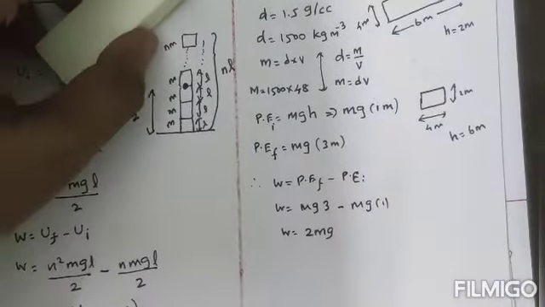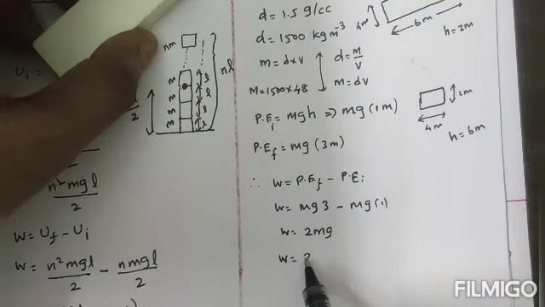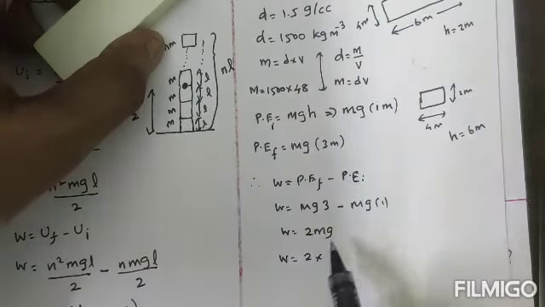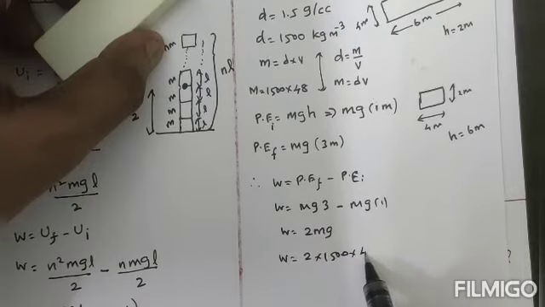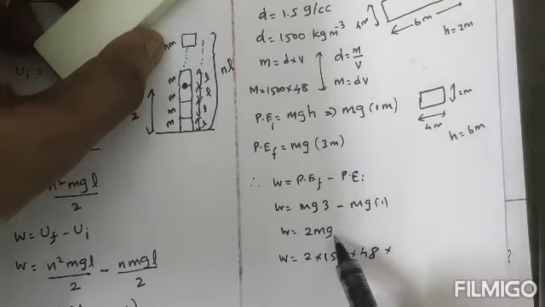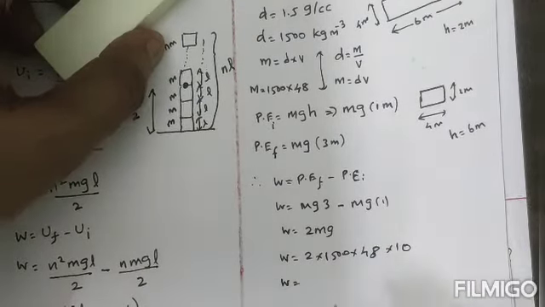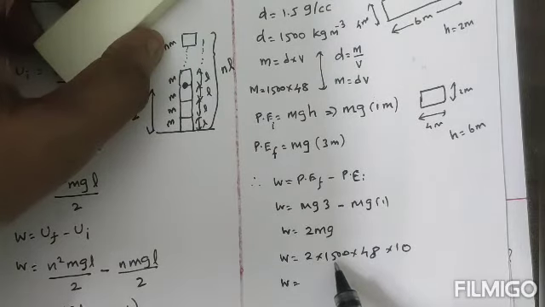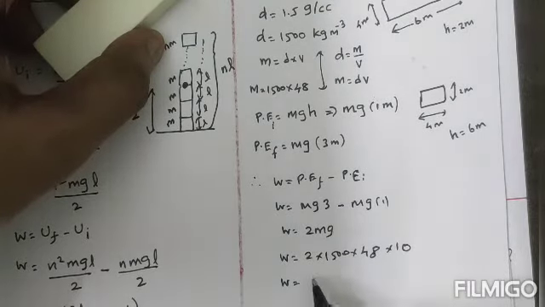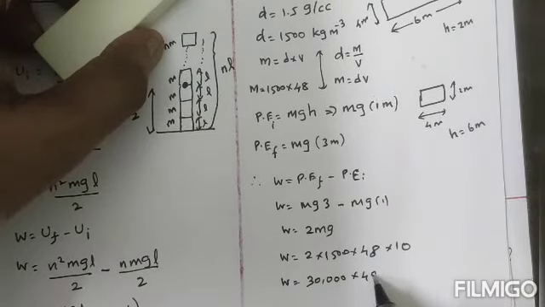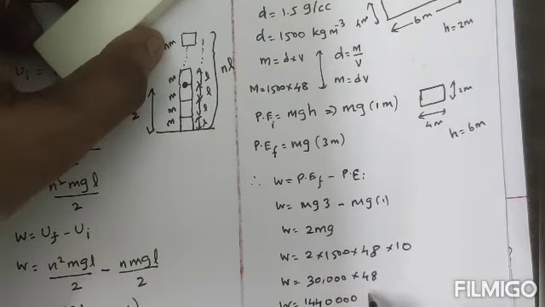So work done is 2 into mass, 1500 into 48, into g, which is 10 as given in the question. 2 into 1500 is 3000, 3000 into 10 is 30,000, 30,000 into 48: 3 into 48 is 144, then 0000 joule.